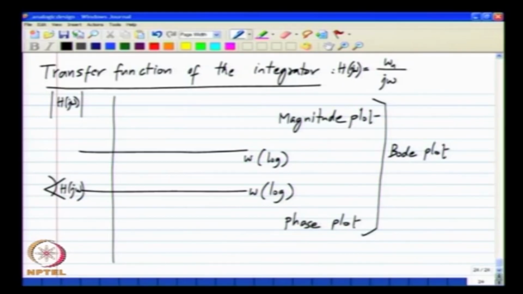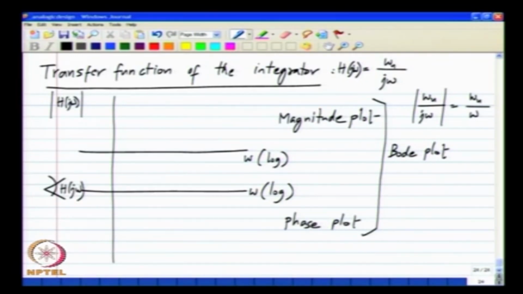Okay. So, now the magnitude is given by magnitude of omega u by j omega, which is simply omega u divided by omega. Okay. So, the Bode plot of this is very simple.